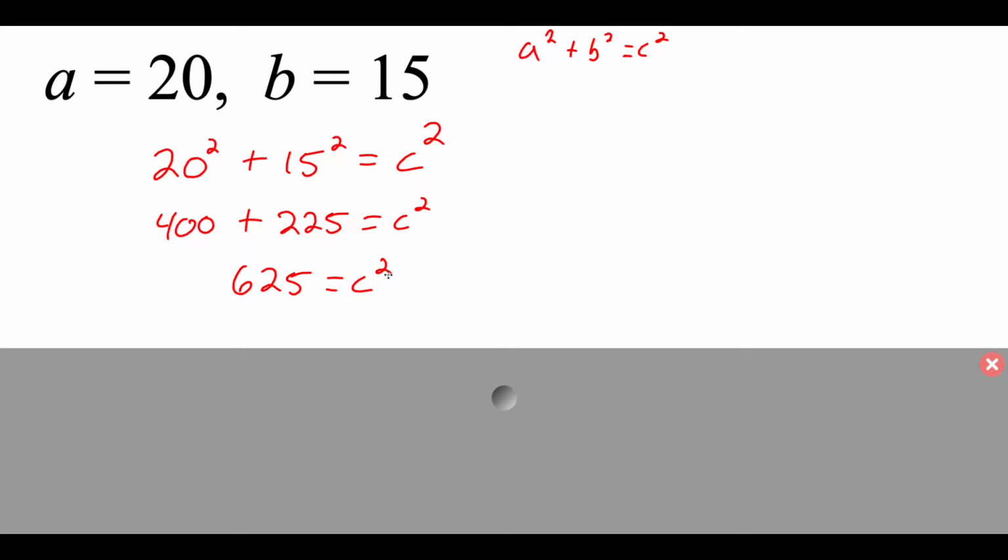Again, I want to get c alone, and I've got that squared power on it, so I'm going to square root both sides to cancel out that squared. And on the left-hand side, we're square rooting that 625, and 625 is actually a nice perfect square. When you square root 625, the answer that you get is just 25, so that missing c value is just 25.